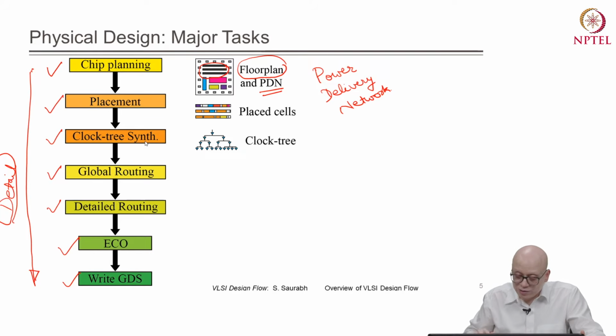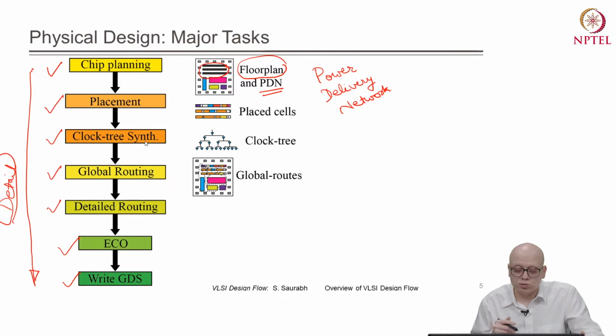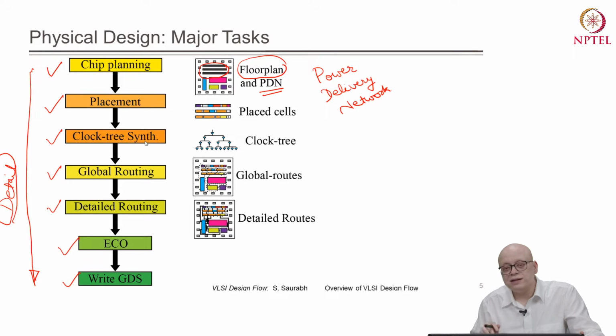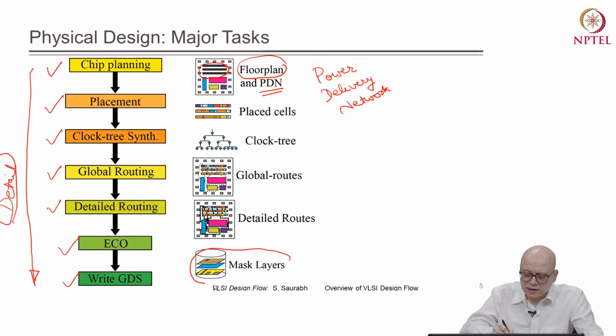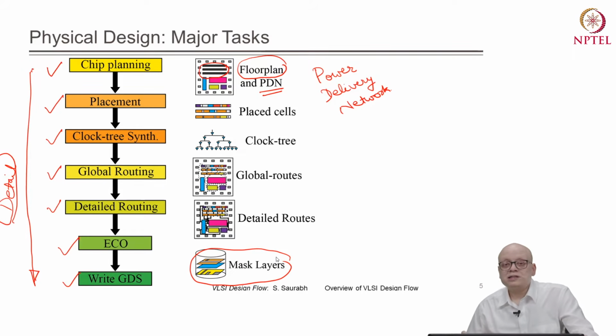Then global routing adds global routes to the design. Now, what are global routes? We will see. Detailed routing basically makes the detailed wiring for each net in our design. And finally, the ECO step makes some incremental fixes or changes to our design, and at the end of ECO, once everything is clean, we get a layout which can be represented in terms of GDS, and this GDS can be sent for making masks and then fabrication, right.